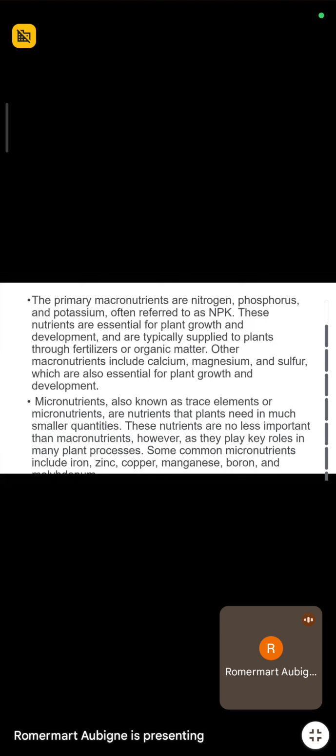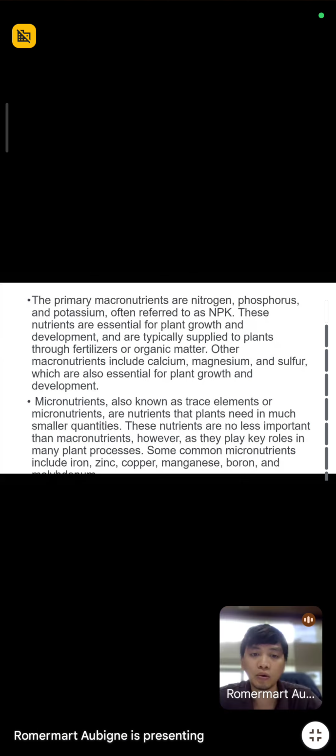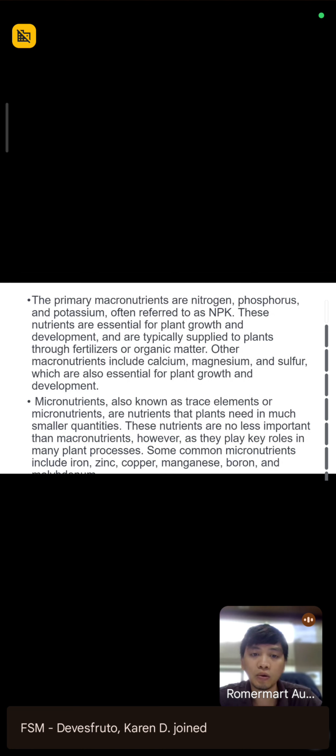Other macronutrients include calcium, magnesium, and sulfur, which are also essential for plant growth and development. Yung nakalagay kasi din doon yung major na kailangan, no? Even calcium is included, pero yung tatlo na three primary macronutrients is the nitrogen, phosphorus, and potassium.